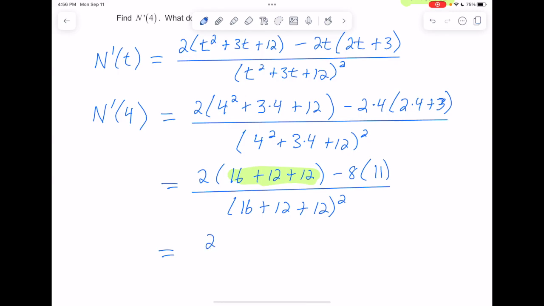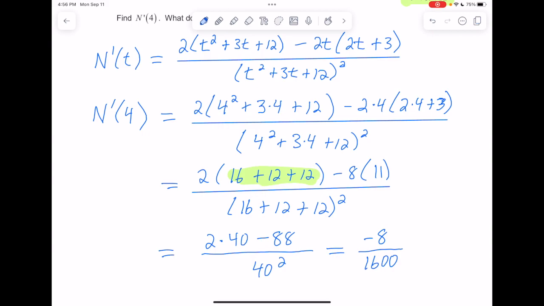So I end up with 2 times 40 minus 88. And on the bottom, we know that's a 40, so that's going to be a 40 squared. So it looks like we get 80 minus 88, which is negative 8, over 40 squared, which would be 1600. And 8 goes into 16 twice, so this simplifies down to negative 1 over 200.